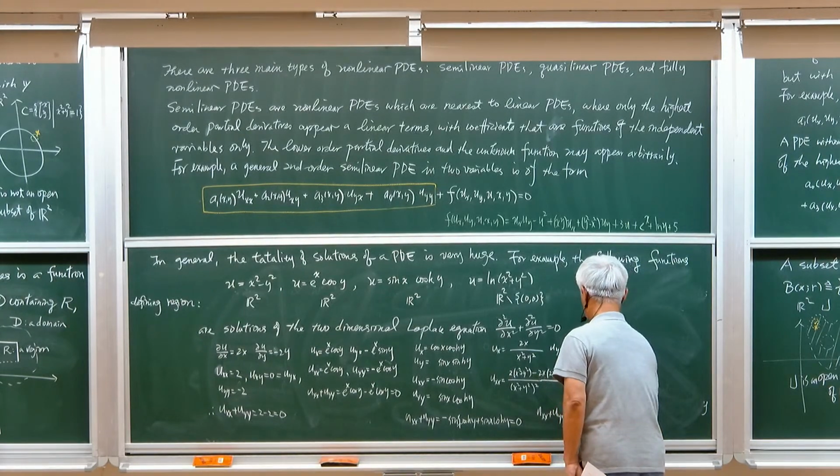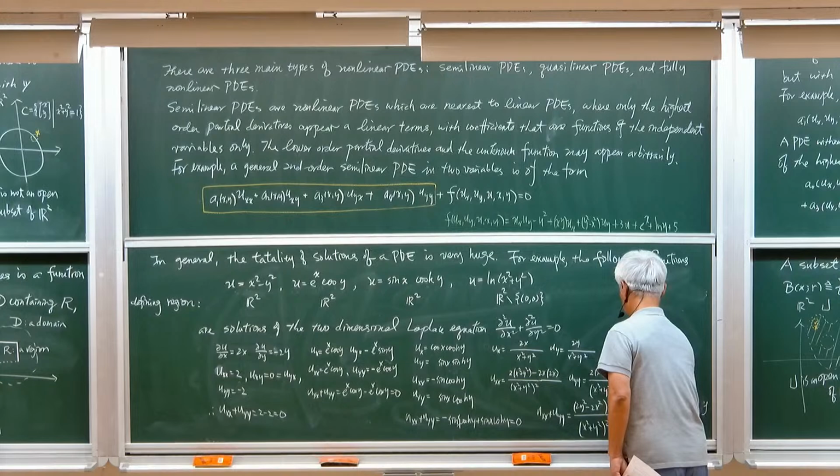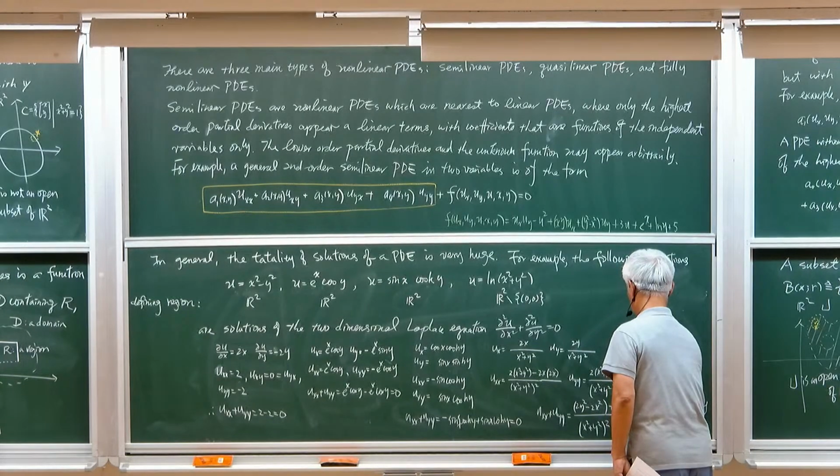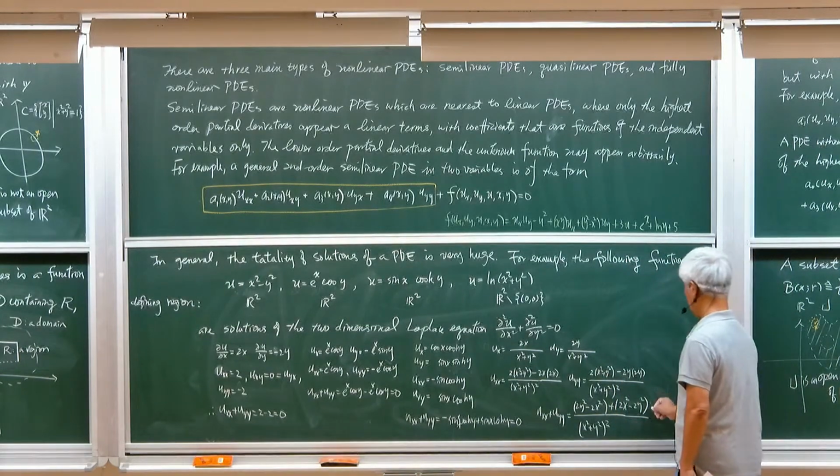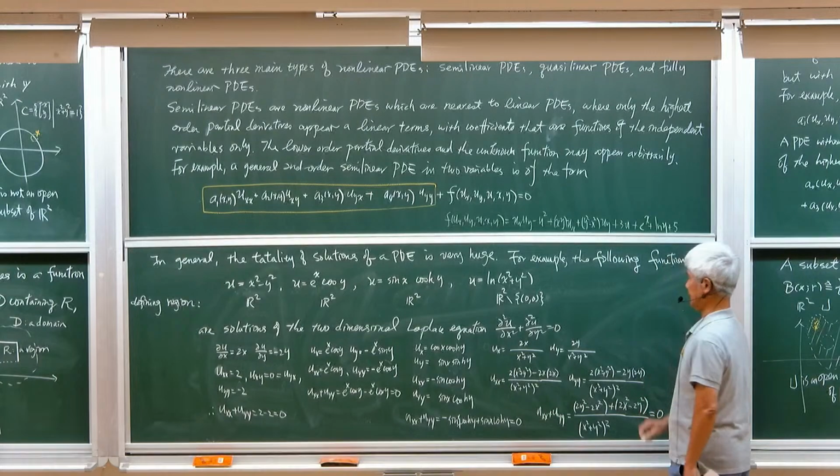So this is 2y squared minus 2x squared plus 2x squared minus 2y squared. Okay, and I cancel them, so this is 0 again.